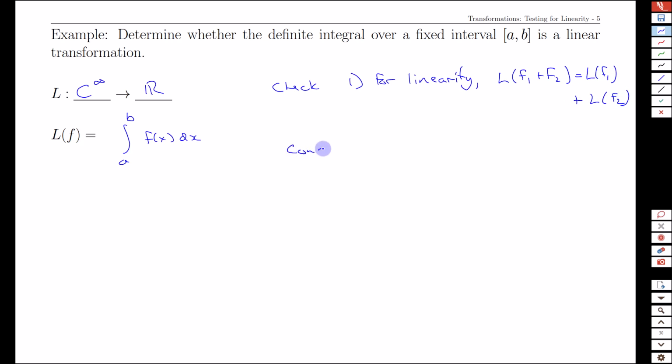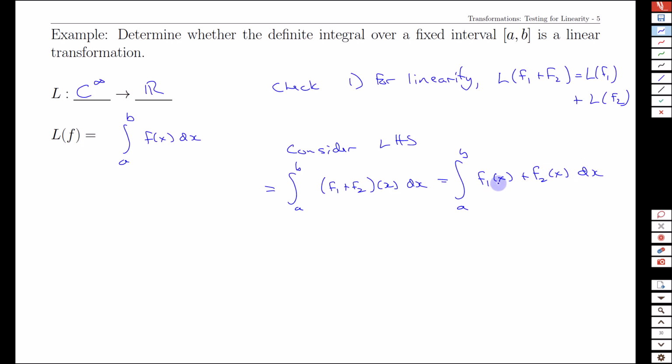This time we'll start with the left-hand side of that equation, which is the integral from a to b of f1 plus f2 of x dx. But we know in terms of function definitions, that is the same as f1 of x plus f2 of x dx.